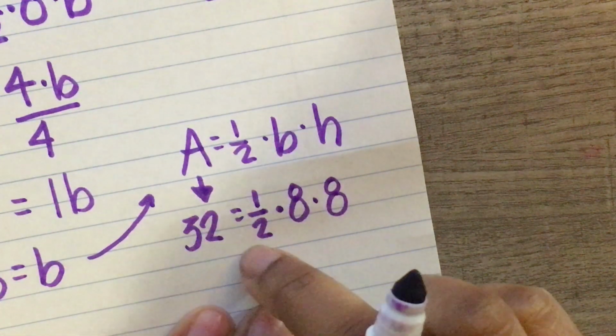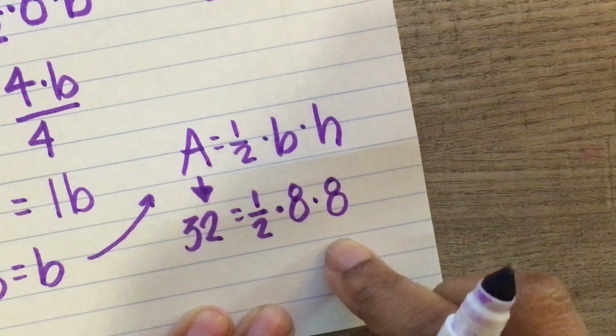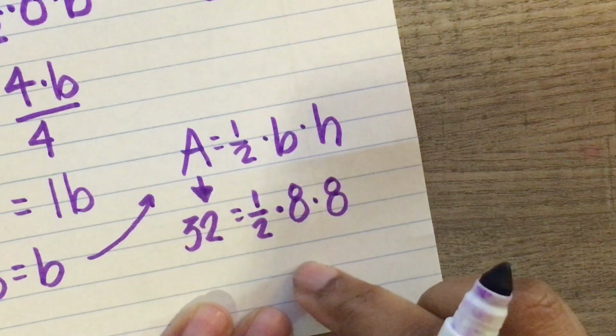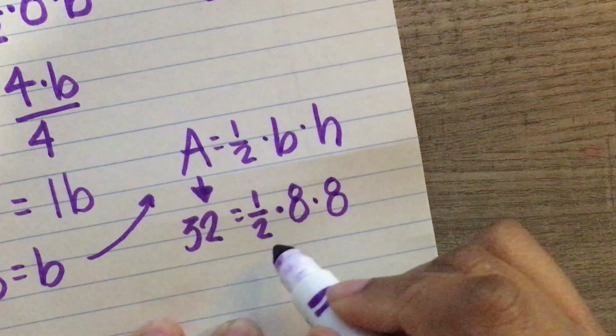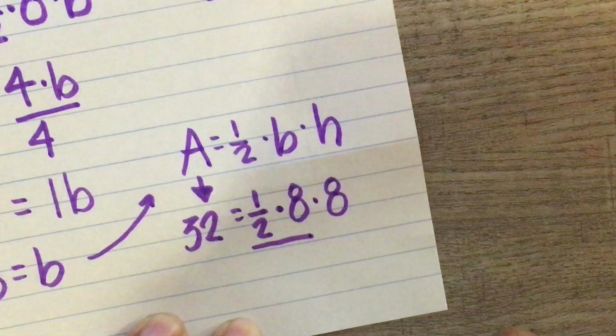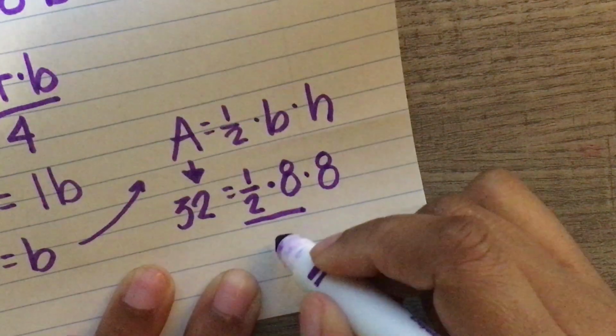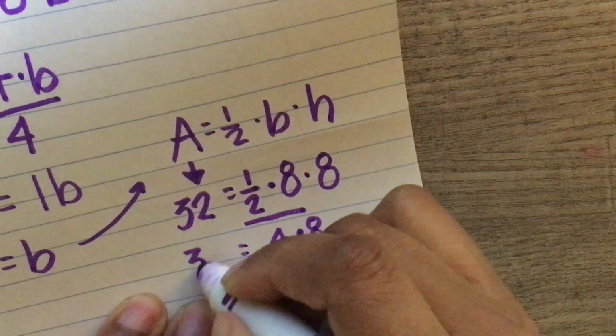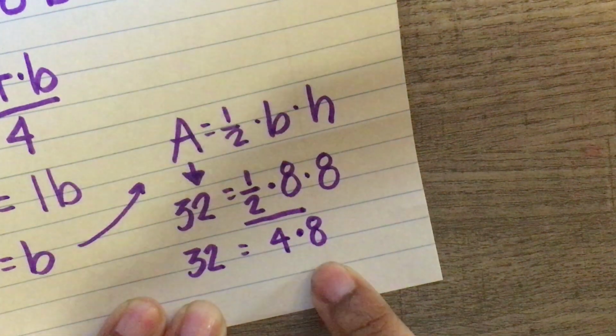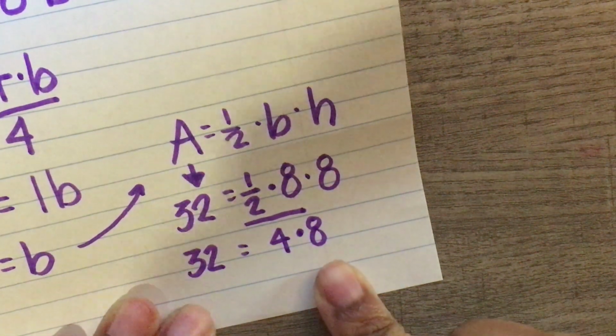Okay? So if I solve this going left to right, or in any order, because multiplication is commutative, I should get 32. All right, so I'll start here. 1/2 times 8. Half of 8, we already found out, was 4. Okay, so now we do 4 times 8. Well, what's 4 times 8?